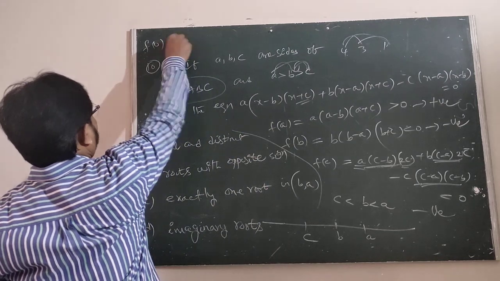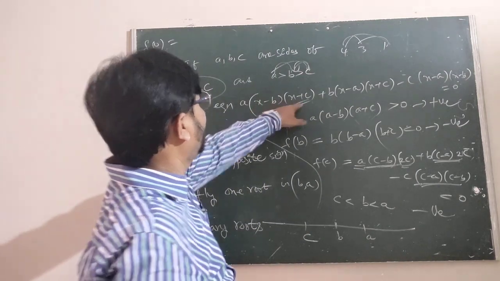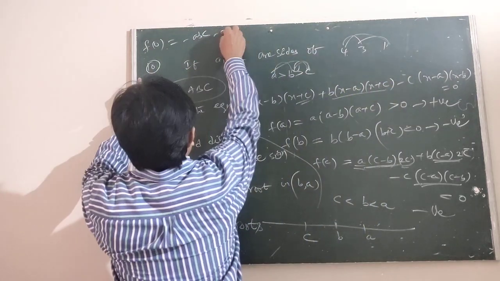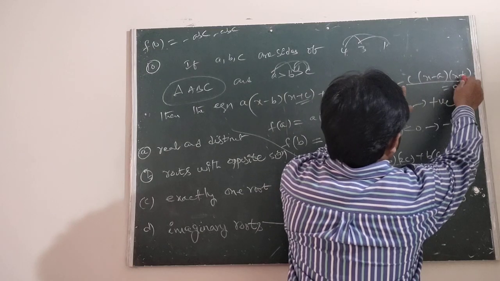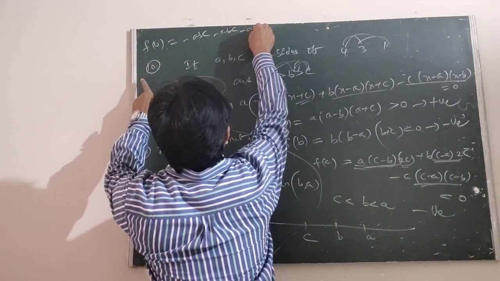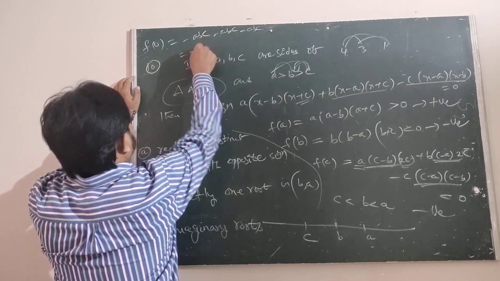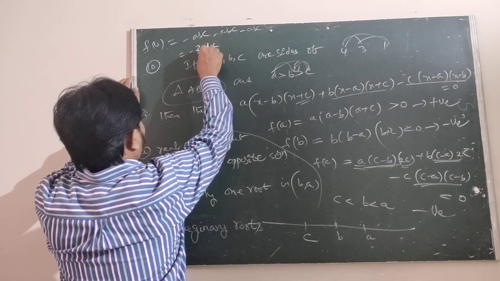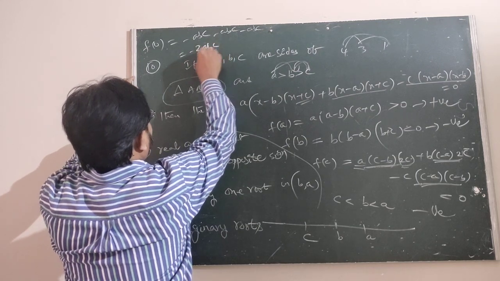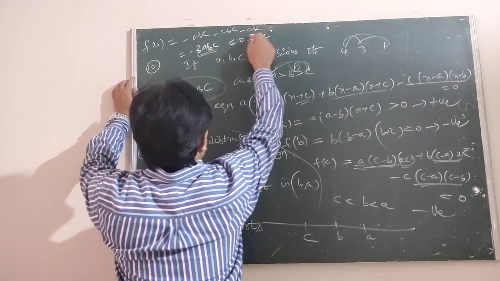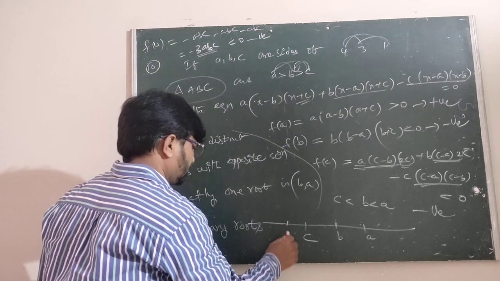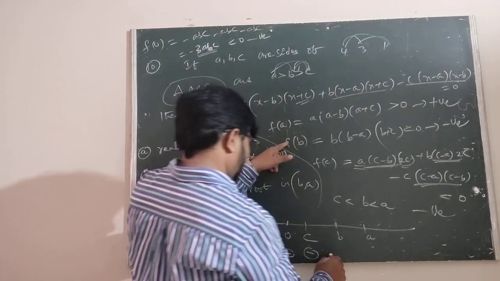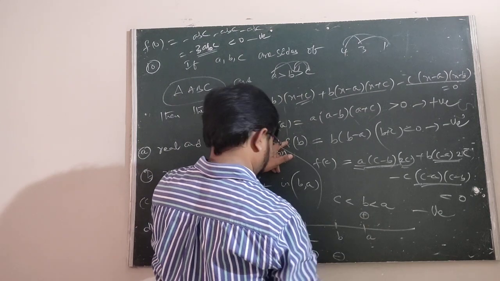When you take f of 0, this is minus abc, and minus into minus is plus, so it is minus 3abc. a, b, c are positive, so 3abc is positive and f of 0 is completely negative. Therefore f of 0 is negative, f of c is negative, f of b is negative, and f of a is positive.